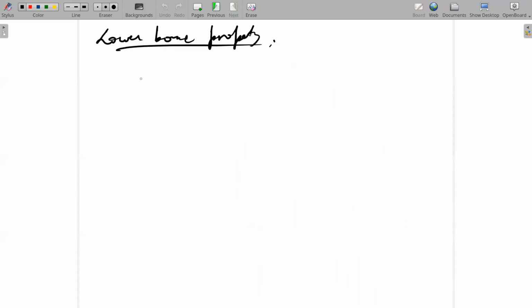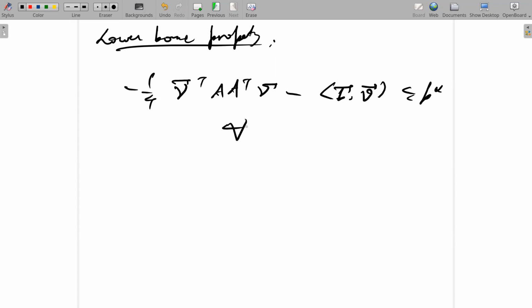So it says minus 1 over 4 nu transpose A transpose nu minus B dot V is less than or equal to P star for all V in RP, right?